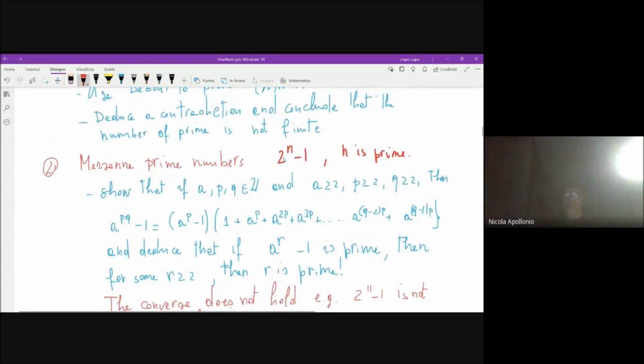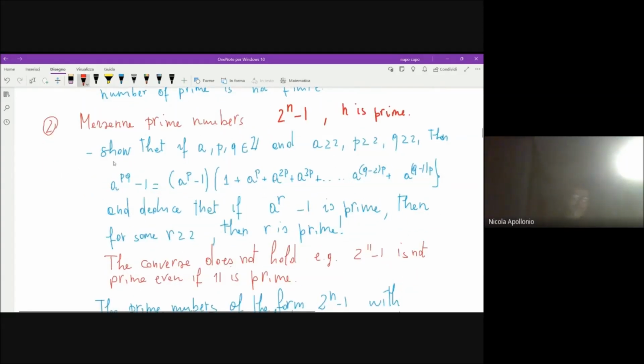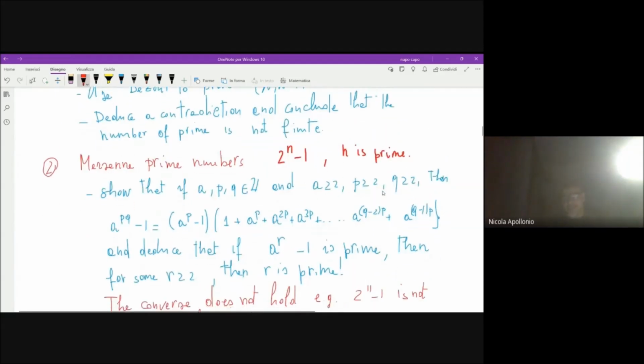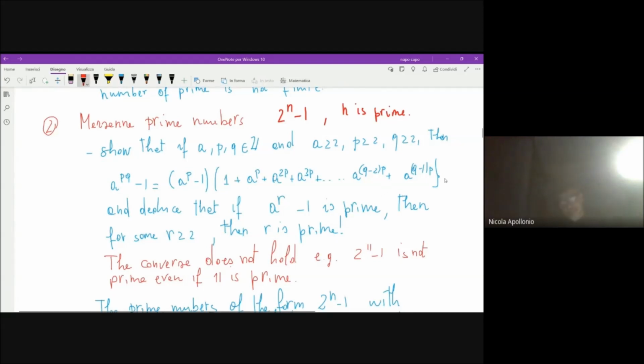Now, here is what I propose. What I propose to show is that if 2 raised to the power of n minus 1 is prime, then n is prime.